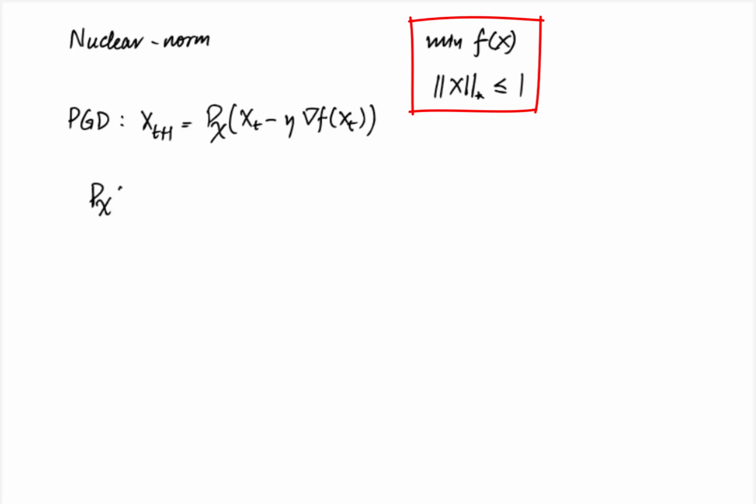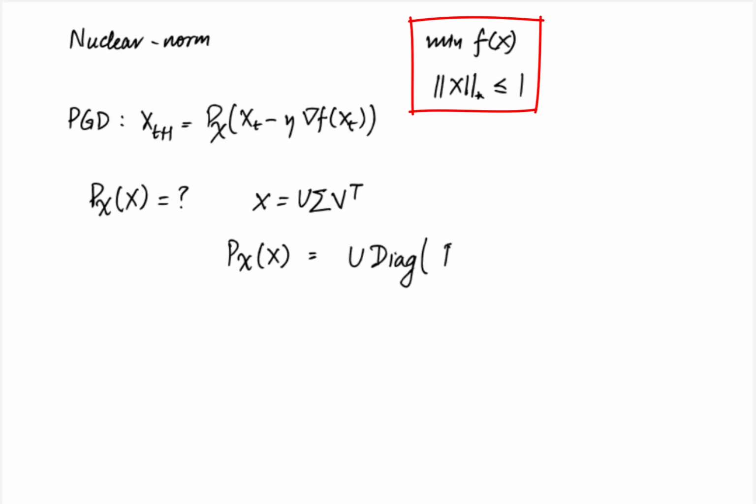Suppose that we need to find the projection of a matrix X. If the singular value decomposition of X is given by U sigma V transpose, then the projection onto the nuclear norm ball is given by P_X of X equal to U times diag of P_delta_n of diag of sigma times V transpose, where delta_n is the probability simplex.